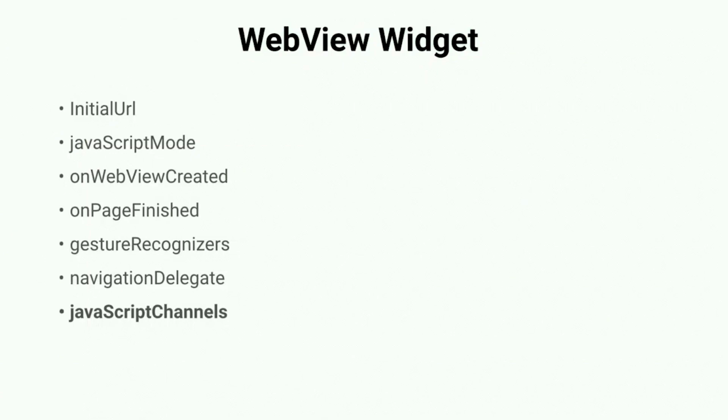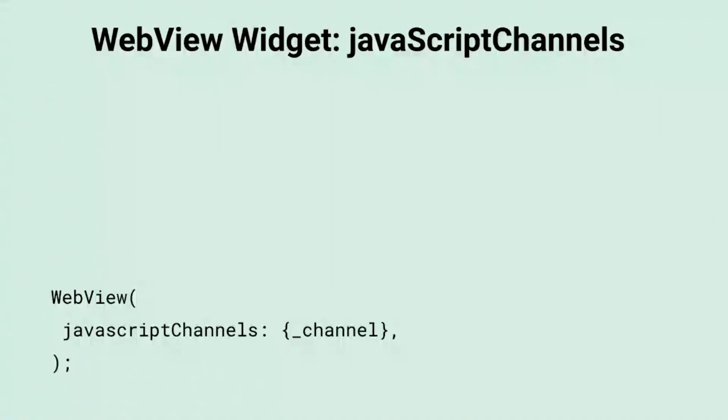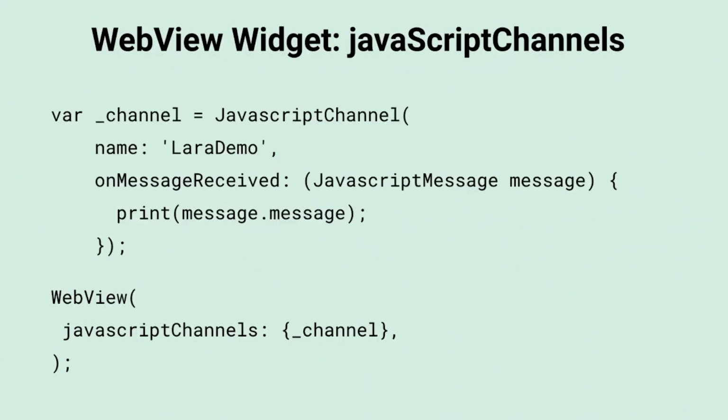And then last but not least, we have the JavaScript channels, which are kind of cool, to be honest. This basically allows JavaScript to communicate with Flutter. You can have as many channels as you want. Here I just have one. I declare my variable, my JavaScript channel, which has two properties.